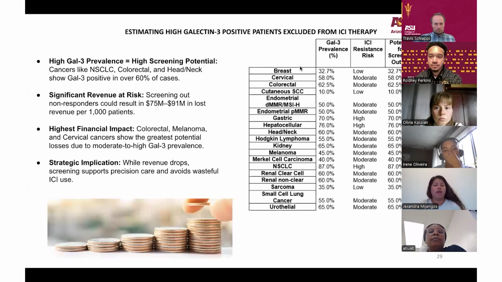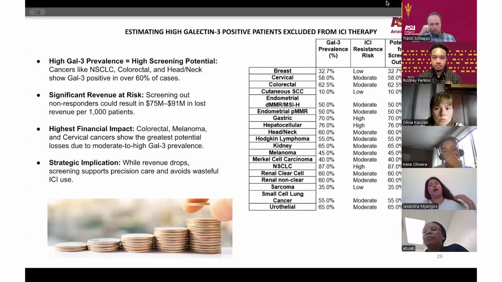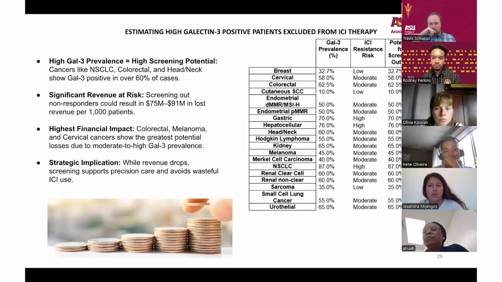And then, estimating the high galectin-positive patients excluded from ICI therapy. In this slide, we can see, again, the galectin-3 prevalence according to each individual cancer type and the potential screen-out that they can have. And I made this calculation estimating the revenue loss for 1,000 patients, but when it's calculated globally or inside the United States, it can show billions of dollars in revenue loss and also savings for the patient.